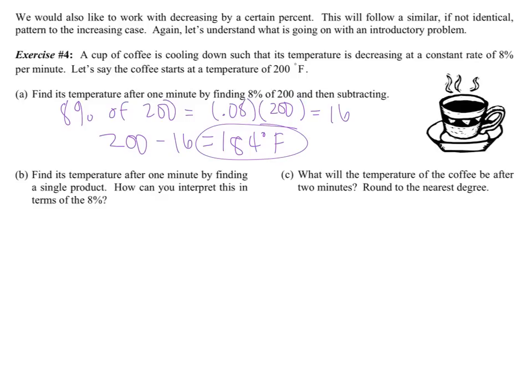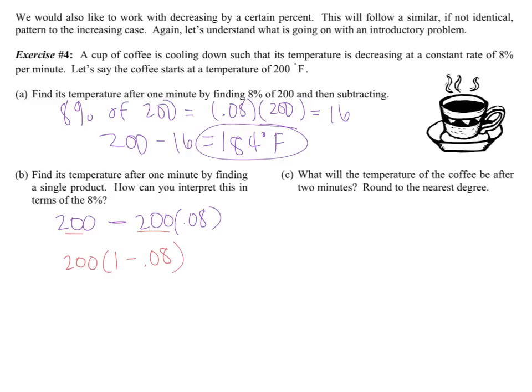So if we want to do a single product like we did before, we had the original and then the original times the percentage, and we added. But since we're decreasing, we're going to subtract. So if I undistribute this, it becomes 200, which they both have in common, times 1 minus 0.08.